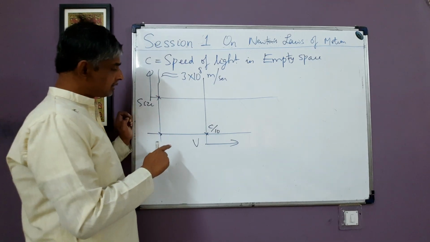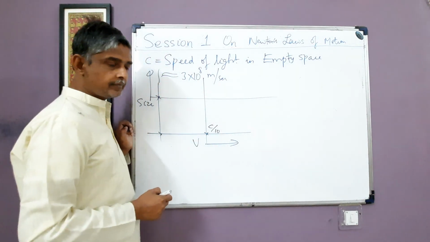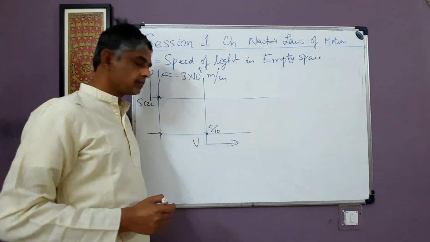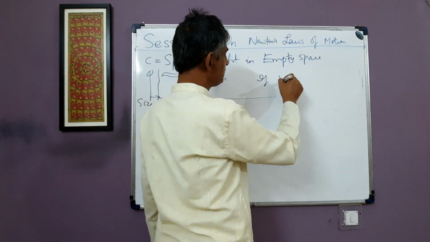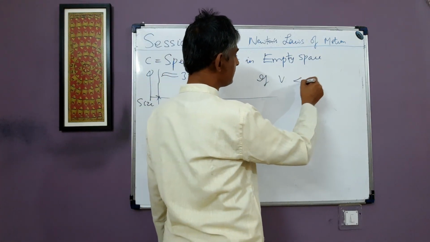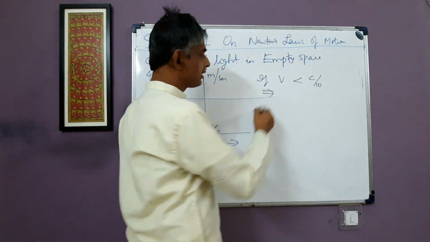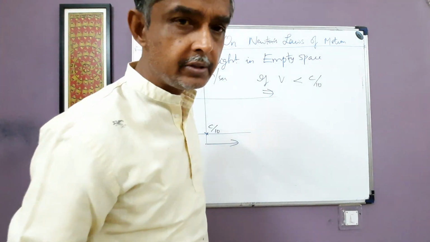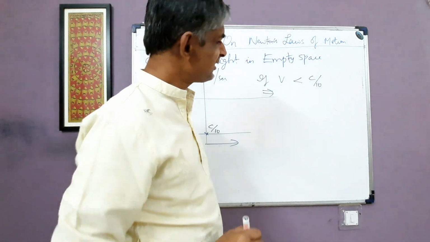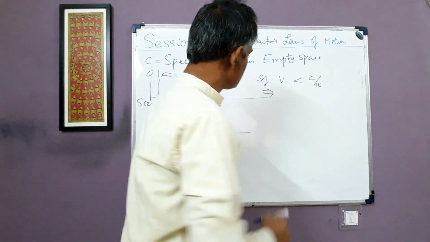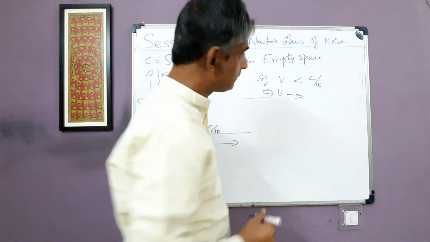If the speed V of the moving body is less than C by 10, then it is called a non-relativistic speed. Generally it's C by 10. It's not a watertight compartment, but generally it's taken to be this much.